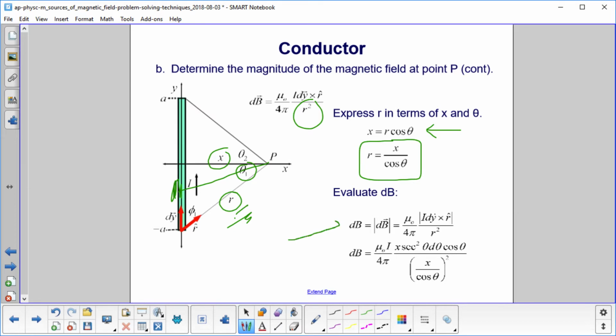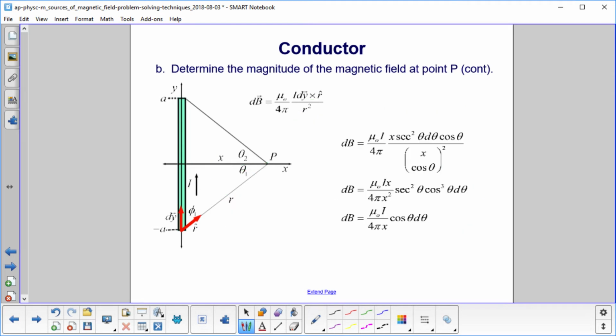Here's Biot-Savart. And then we put in everything we found from the past couple slides. So hopefully you remember that. That's the I dy cross r hat. And the I, of course, comes out in front. It's a constant, as is mu 0 over 4 pi. And then here's r, and let's make sure we square it. It's now time to get rid of some of these trig things.